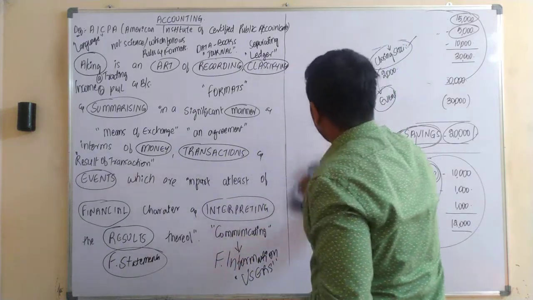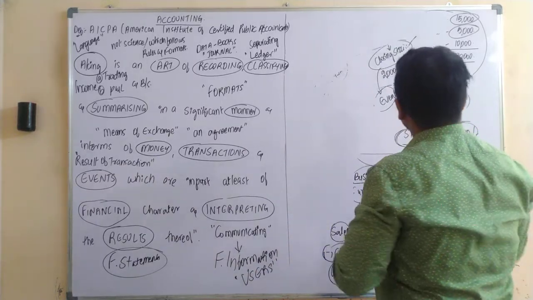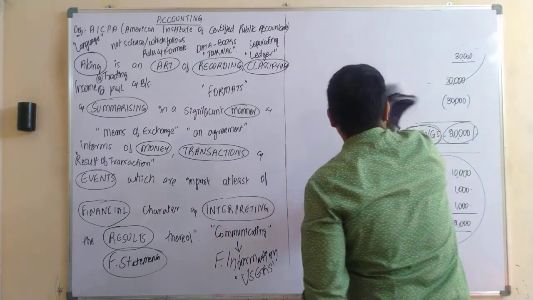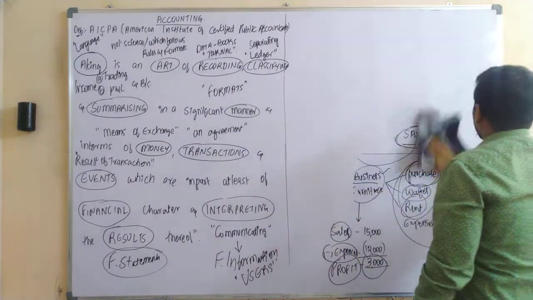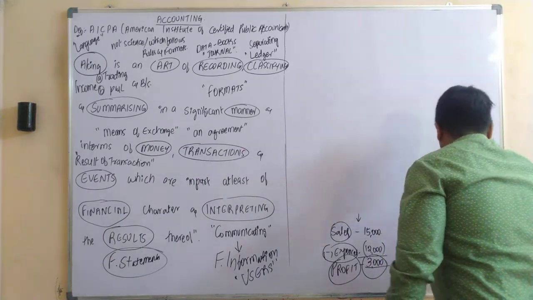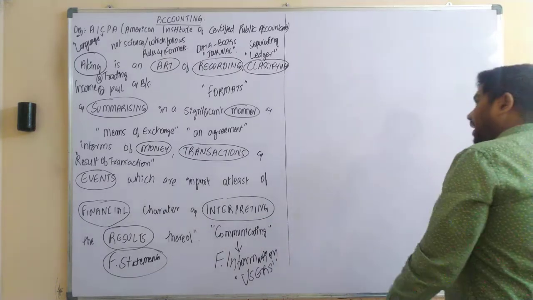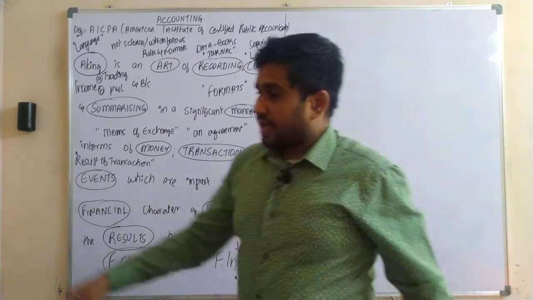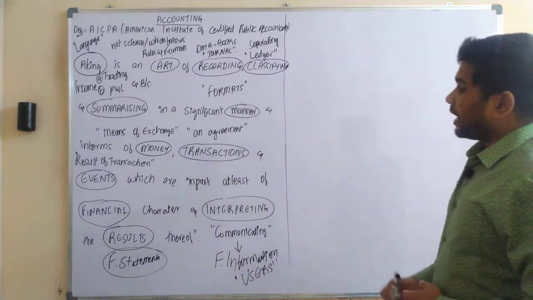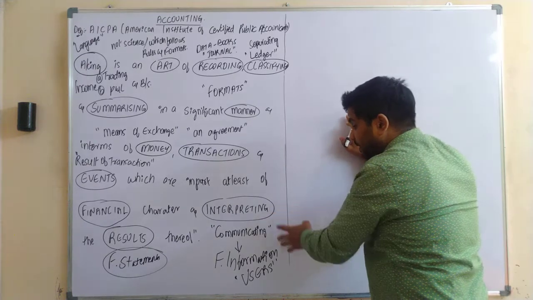According to AICPA, what is accounting, sir? Accounting is an art of recording, classifying and summarizing in a significant manner in terms of money, transactions and events which are in part at least of financial character and interpreting the results thereof.